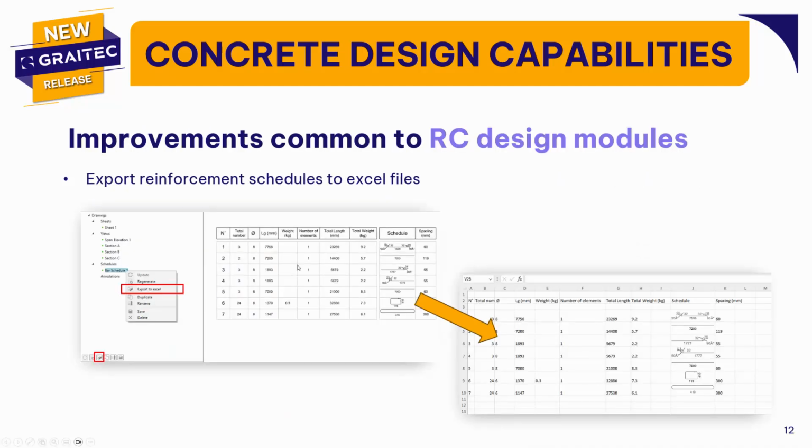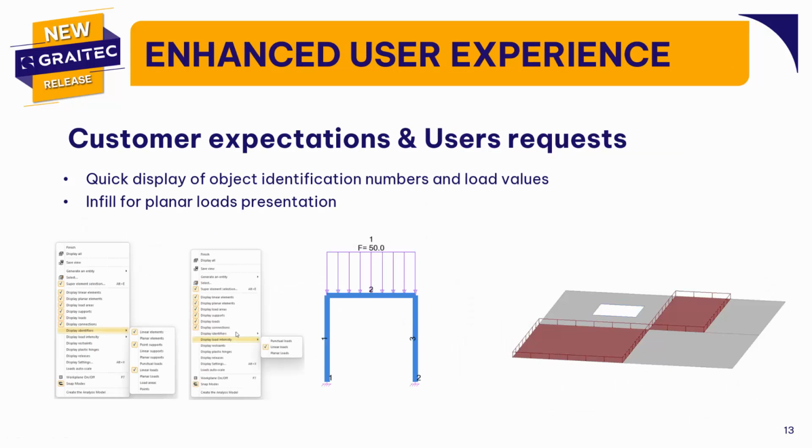We have some improvements for the RC design module of Advanced Design. Now you can also export the bar schedules directly into Excel, as you see there. We have also some enhanced user experience that was coming from our users.